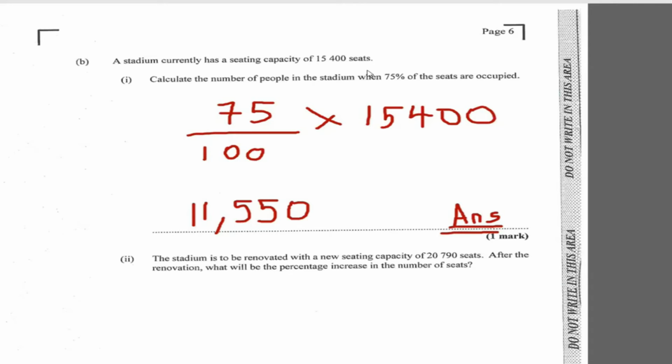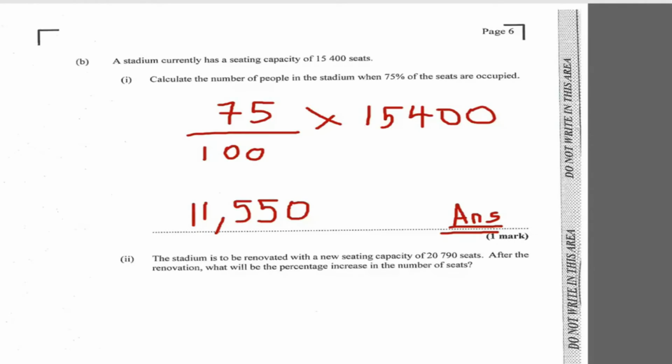Now let's move on to the next part of the question. It says the stadium is renovated with a new seating capacity, and they increase the amount of seats to 20,790. After the renovation, what will be the percentage increase in the number of seats?